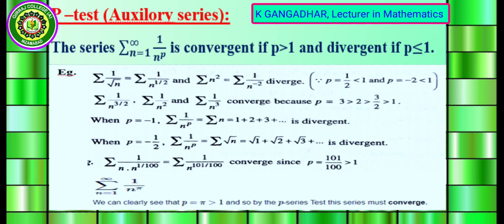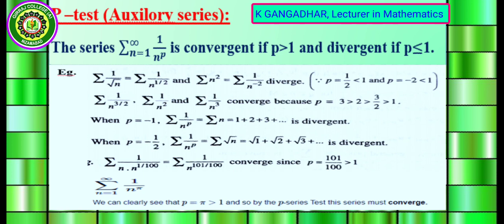So by the p test, these types of series are convergent, since p is greater than 1.